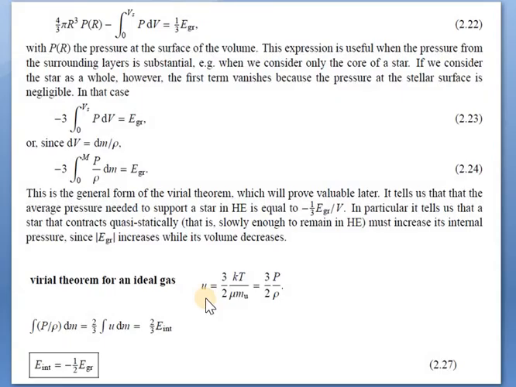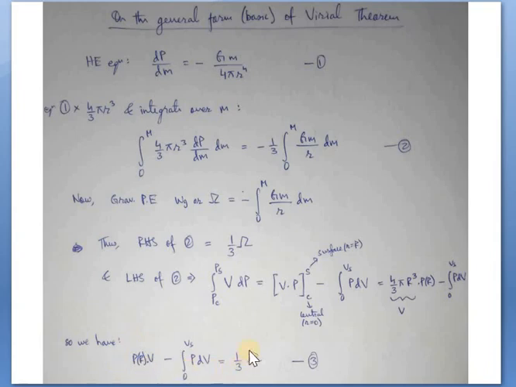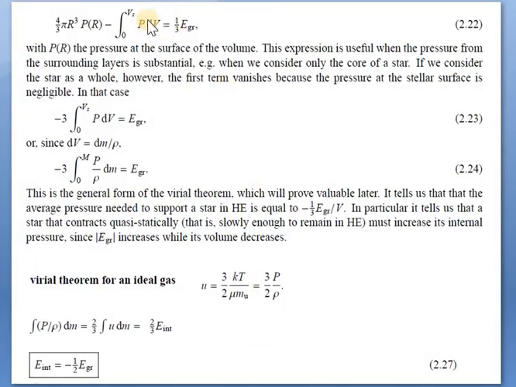Okay, now you see this very simple relationship, we can write it like this, where PR is the pressure at the surface of the volume or surface of the star. Now this expression, if we write it in this form, is useful when the pressure from the surrounding layers is substantial.